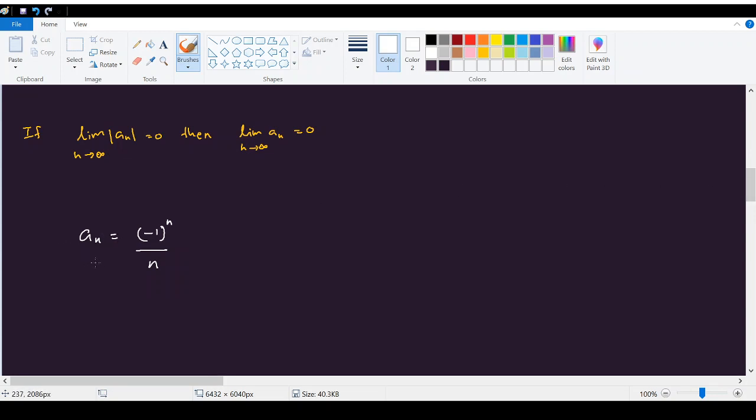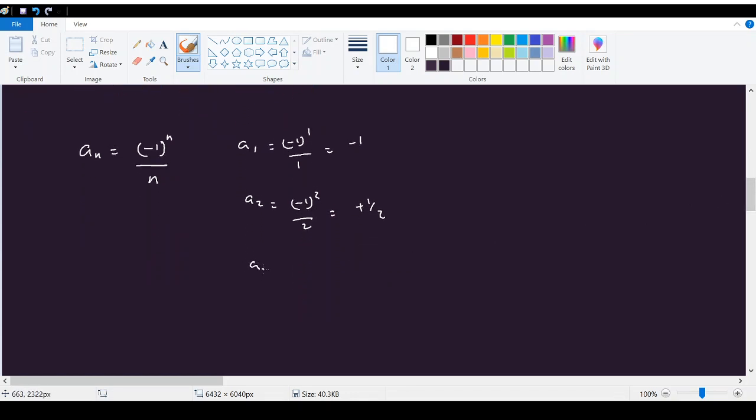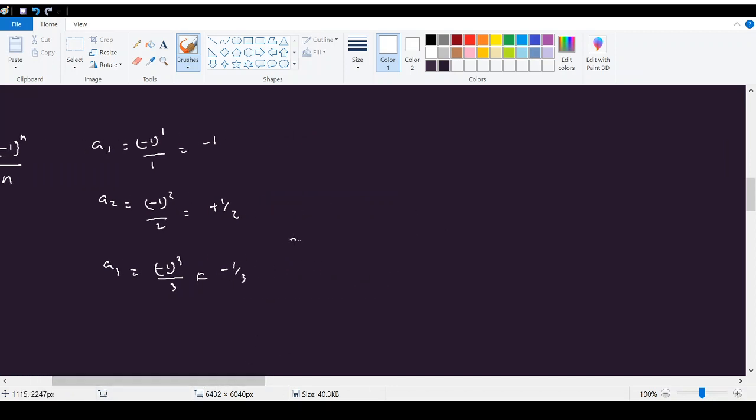If we observe the values of this sequence, then a1 will be (-1)^1 over 1, which is equal to -1, and a2 will be (-1)^2 over 2, which is equal to positive half, and a3 will be (-1)^3 over 3, which is equal to -1 over 3. So our sequence will be like this.